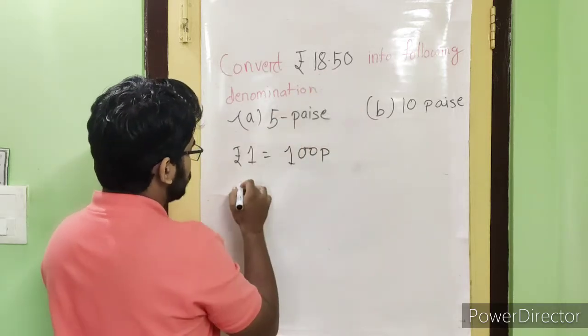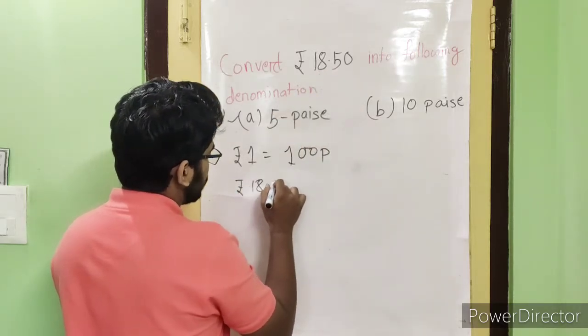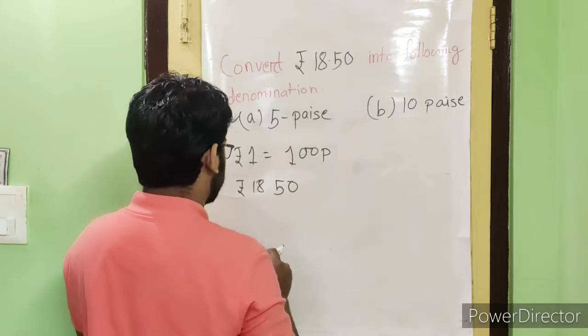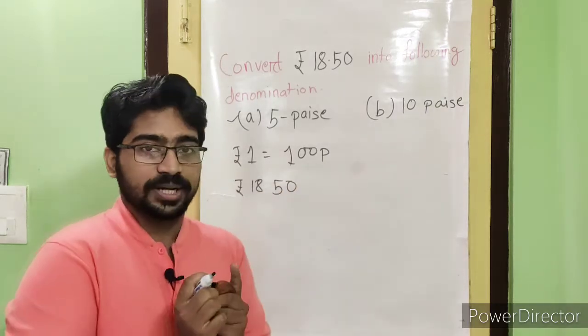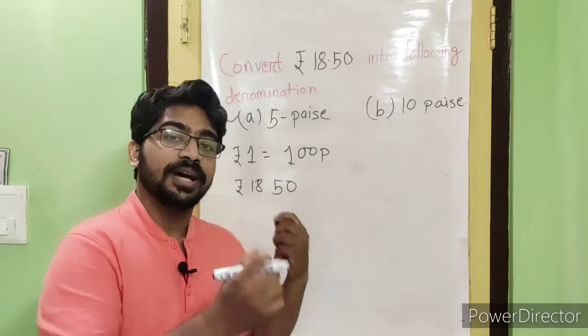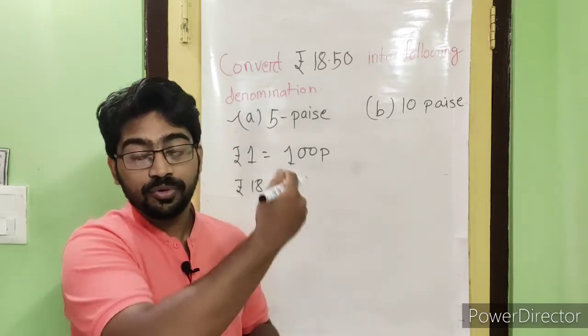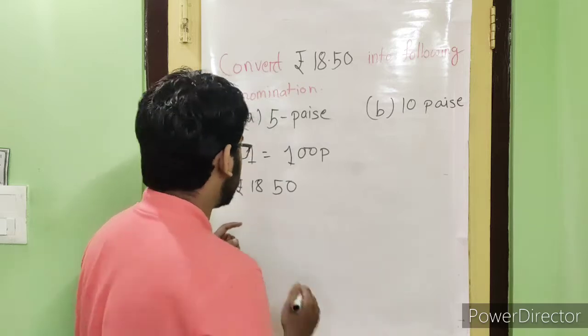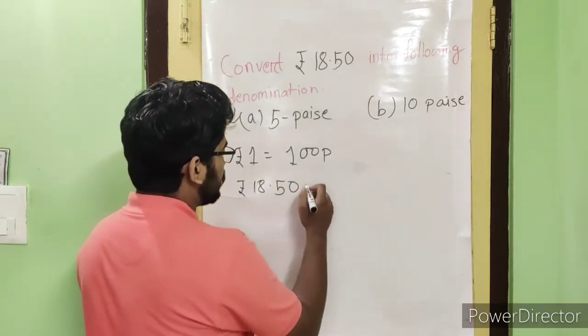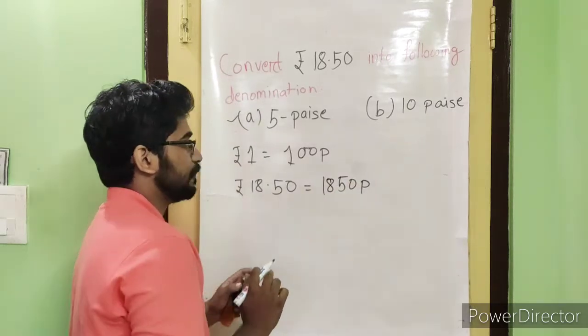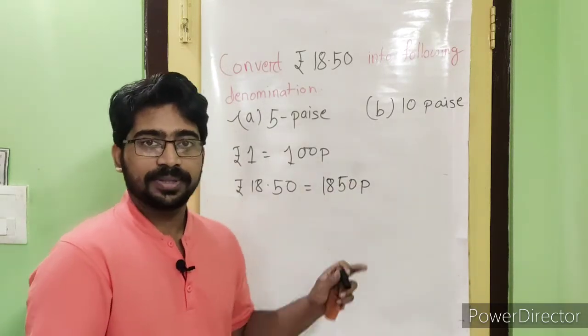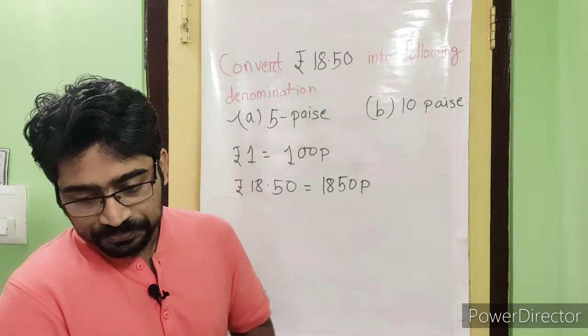So we need to convert this at first. We all know the shortcut, not the method I showed you yesterday. 18.50 rupees equals 1850 paise. Clear?